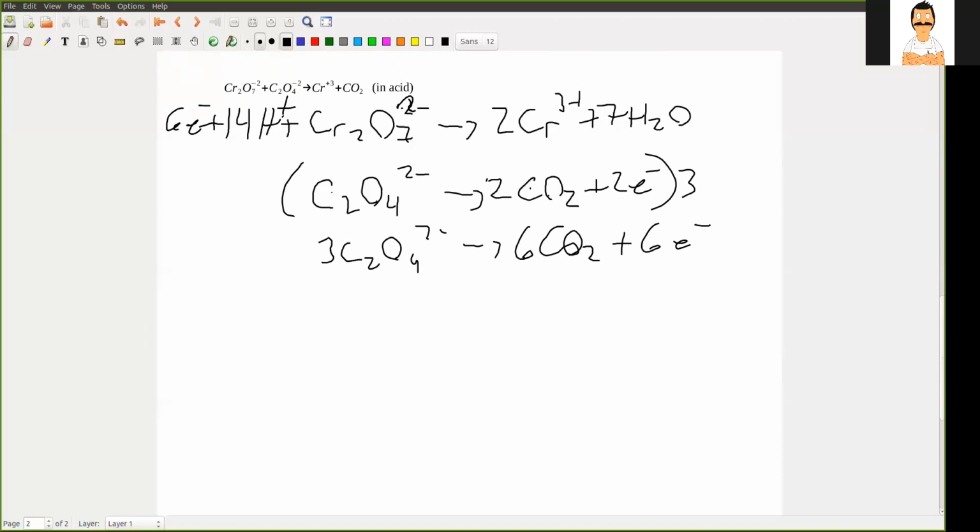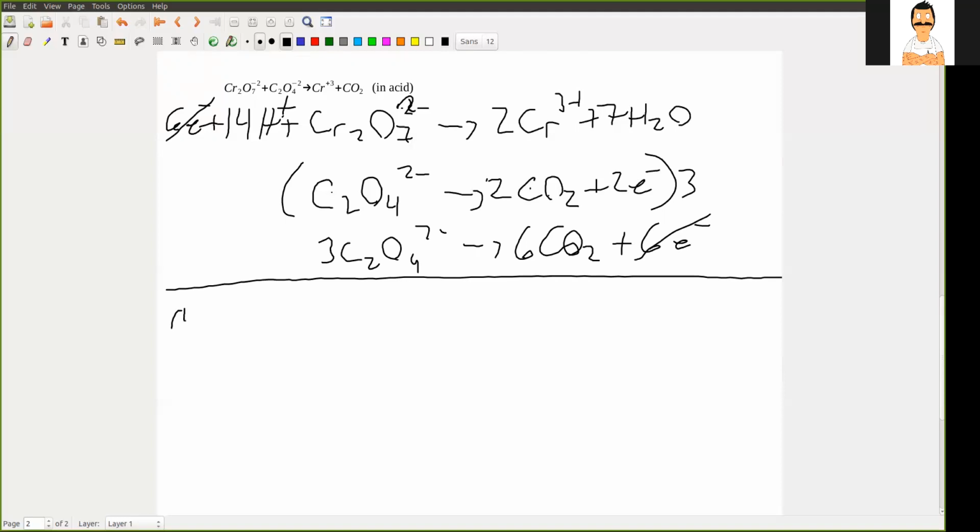But the electrons are on opposite sides of the equation from half reaction to half reaction, so we know that we're doing this in the correct manner. So when you add those together, the electrons will cancel. That's the only thing that cancels. We don't have any protons or waters canceling in this one.